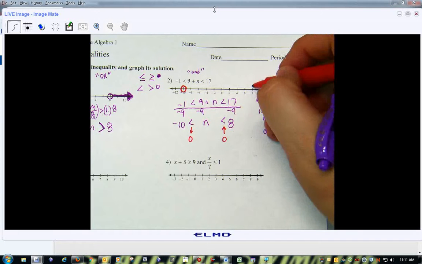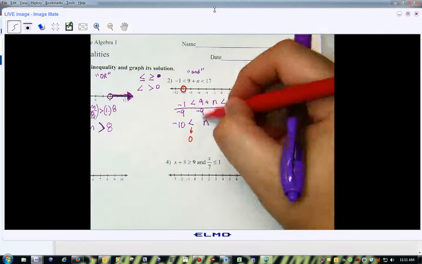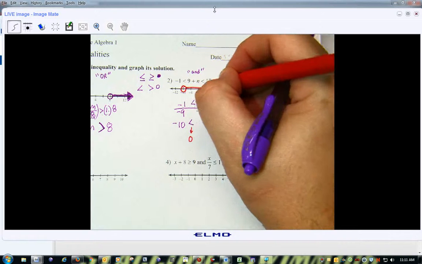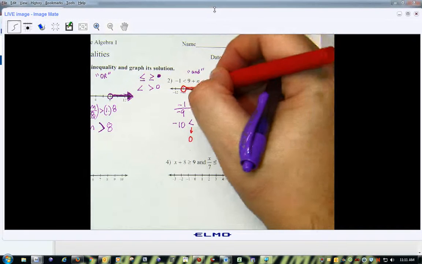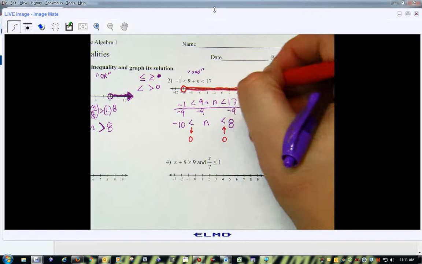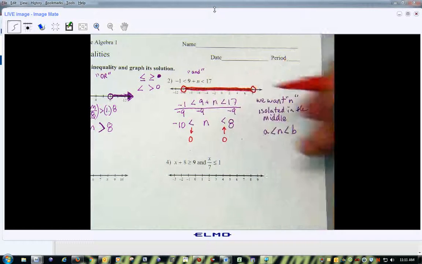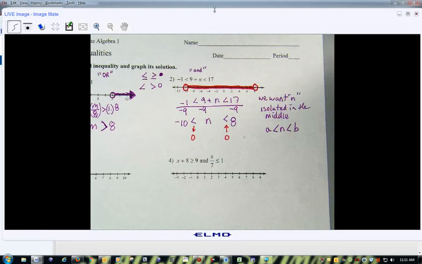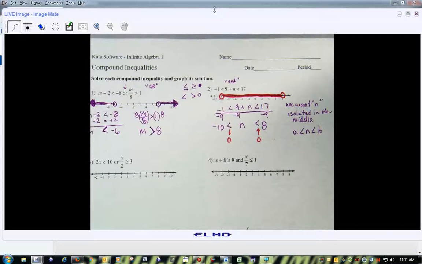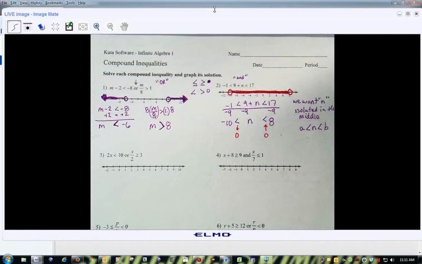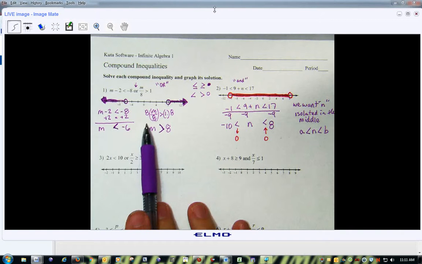And since n's right in the middle, I'm going to connect right in the middle. And this is the big difference between the or situation and the and situation.